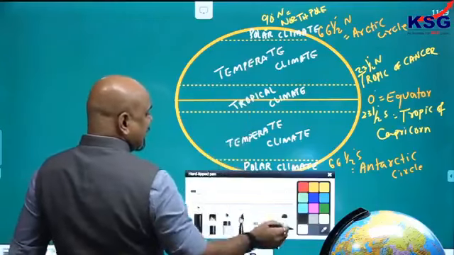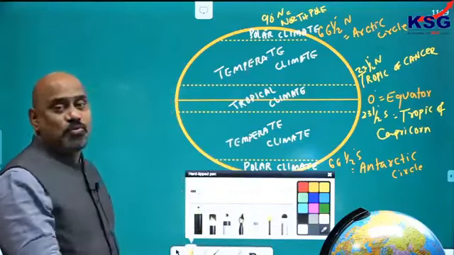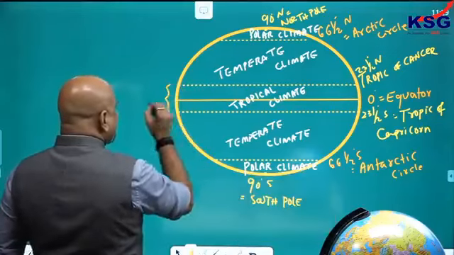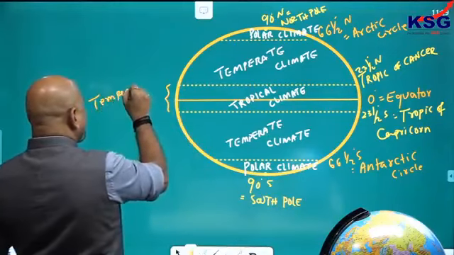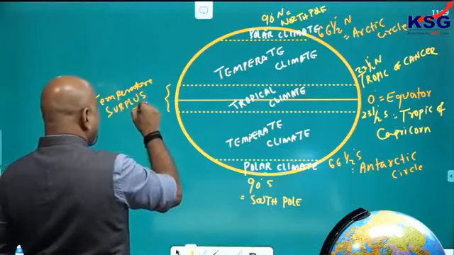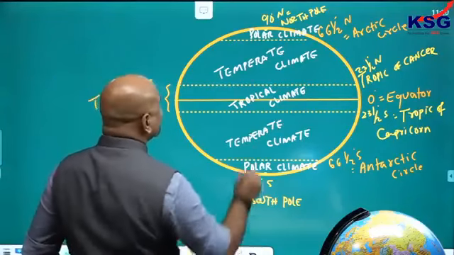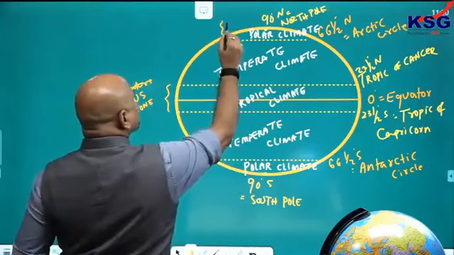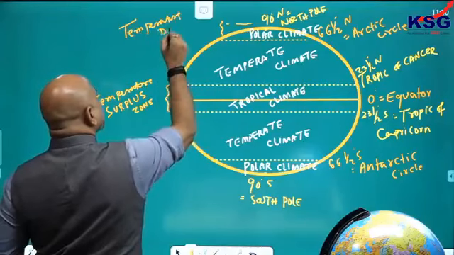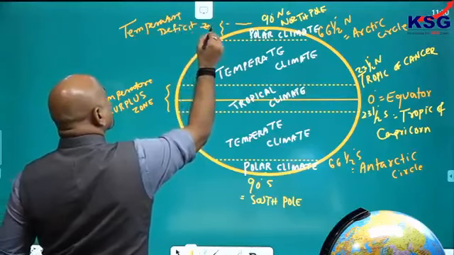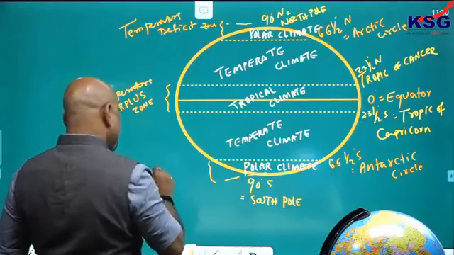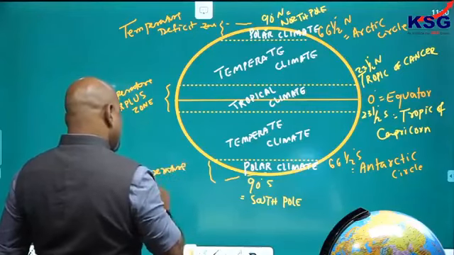The polar region is a temperature deficit zone. The tropical region is a temperature surplus zone. And this region here is a temperature deficit zone. Here it is also a temperature deficit zone.